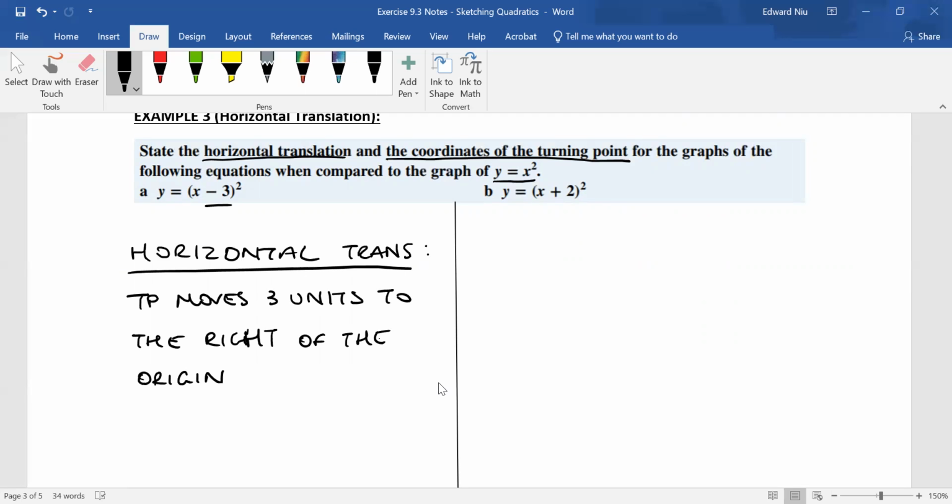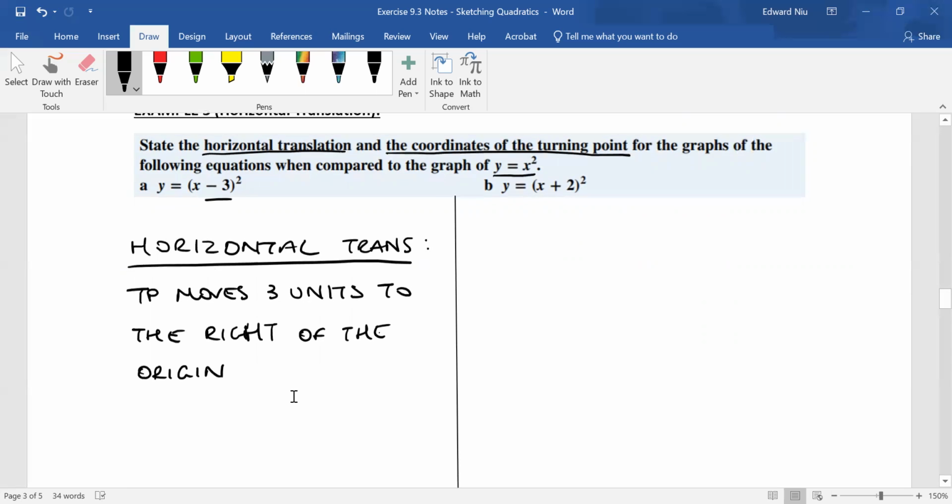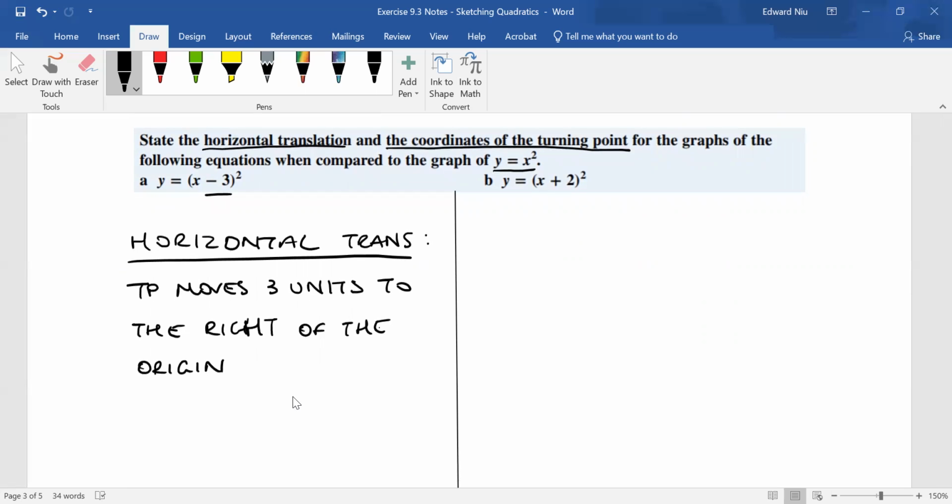Again, you didn't have to write all this, but I'm just going to write down what I'm vocalizing. So the turning point here would now be (3, 0) because we've moved 3 units to the right on the x-axis, and our x value now becomes 3 instead of 0.